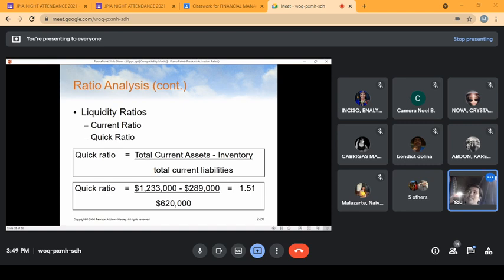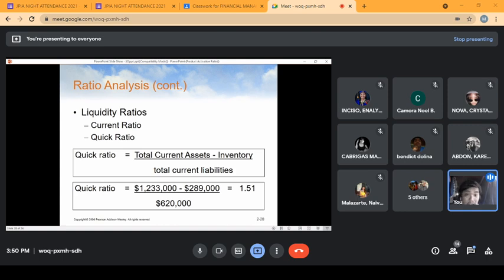Pero pag gusto mong malaman talaga ng mas conservative, 'di ba? Kasi ang current ratio parang hindi siya konserbatibong computation kasi we cannot say that all current assets are assets that can be immediately converted into cash. Kasi pwedeng maisama dyan yung inventory na matagal na pala nandun doon sa warehouse, hindi pa naibebenta.